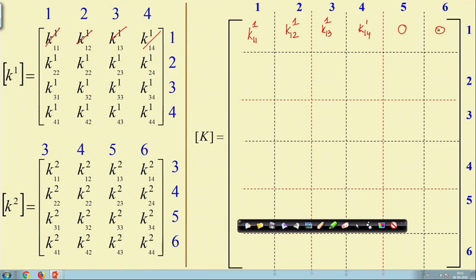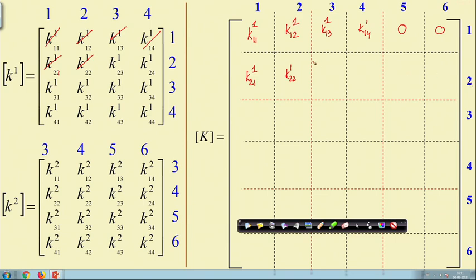Let us see the second row. Second row, first column is 2 1. This is 2 1, so this will be k 2 1 1. Then k 2 2 will be this, k 2 2 1.